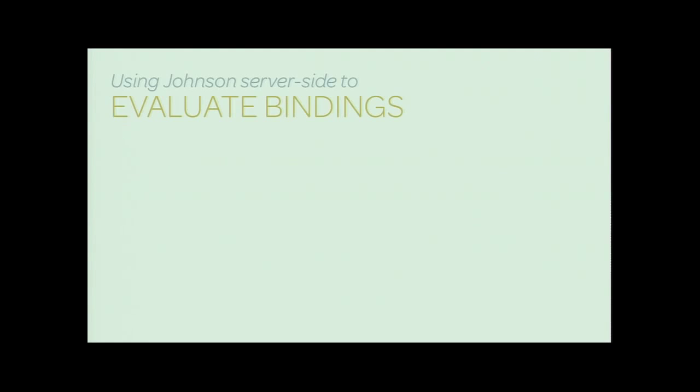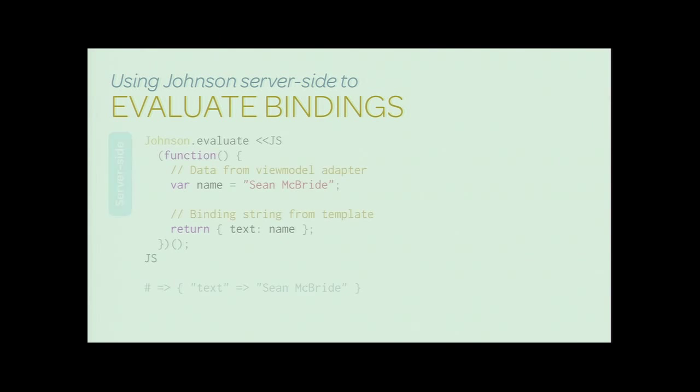So drilling into the two interesting parts of that, I think we've got using Johnson server-side to evaluate bindings. And so basically, this is pretty simplified, but you just call Johnson and you say evaluate some JavaScript, and you give it a string of JavaScript. It goes into the JavaScript runtime, evaluates that code, and then the resulting return value is sort of transformed from a JavaScript object back into a Ruby object.